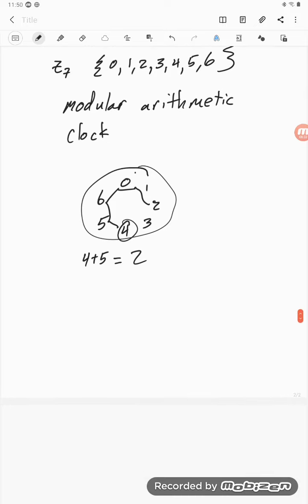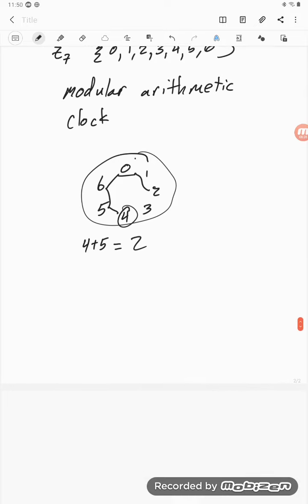We do have a definition that can help us a bit here.